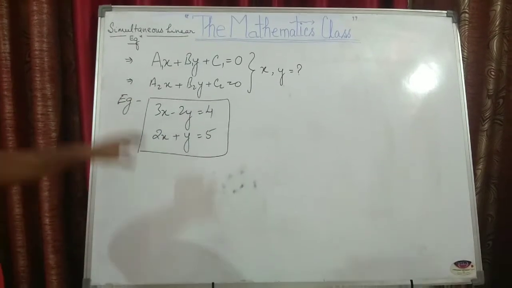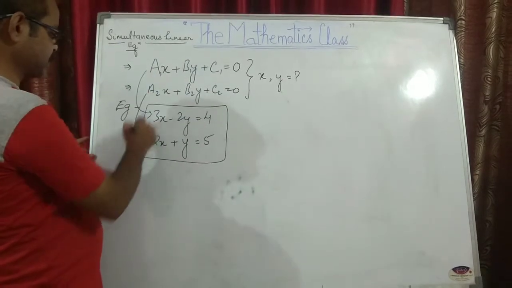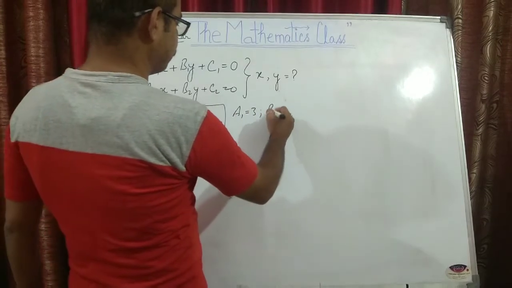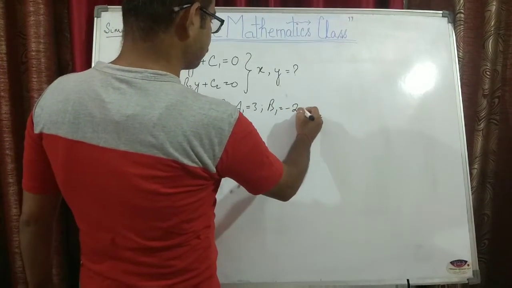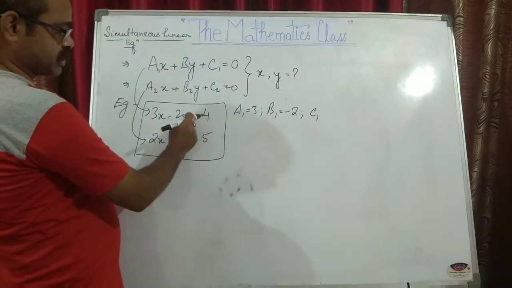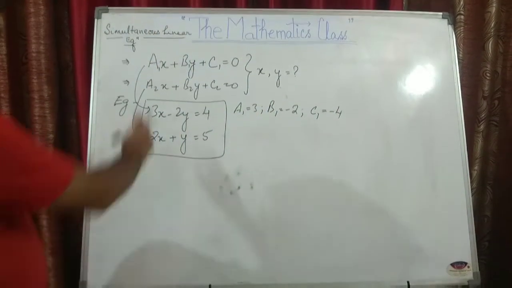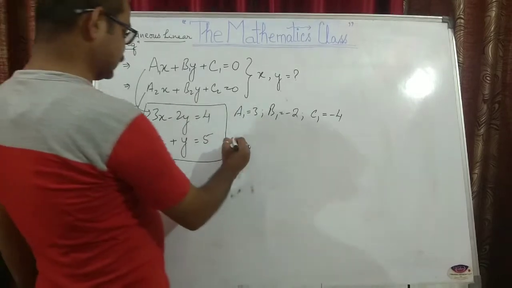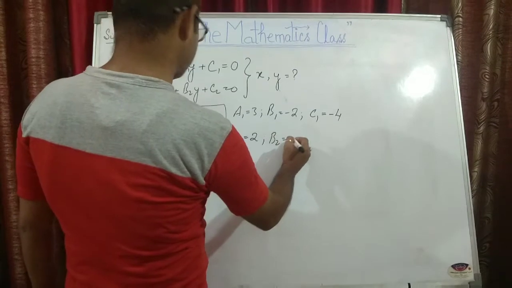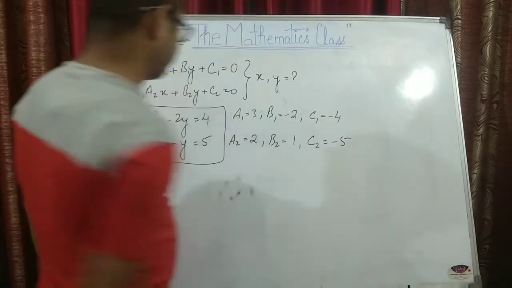This is the first equation, this is the second equation. So a1 is equal to 3, b1 is equal to -2 and c1, when you bring 4 to this side, will become -4. Now comparing the second equation, we can say that a2 is equal to 2, b2 is equal to 1 and c2 is equal to -5.